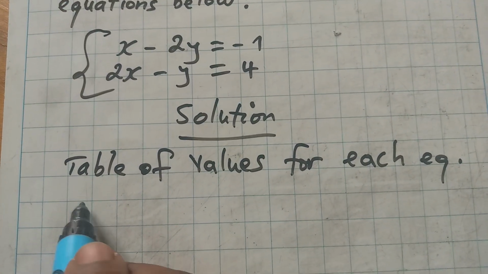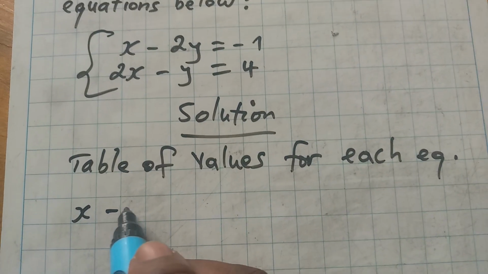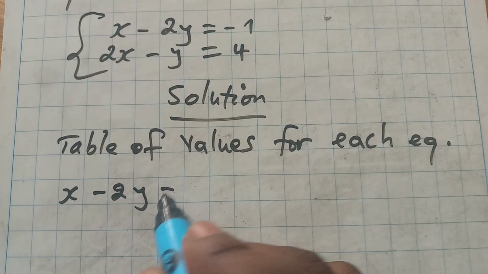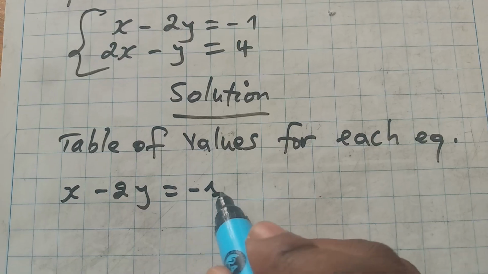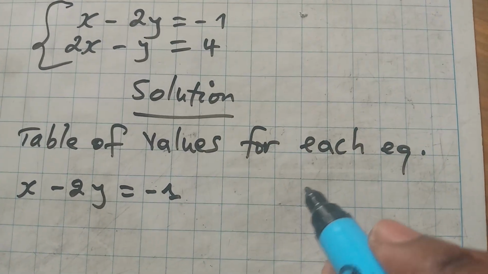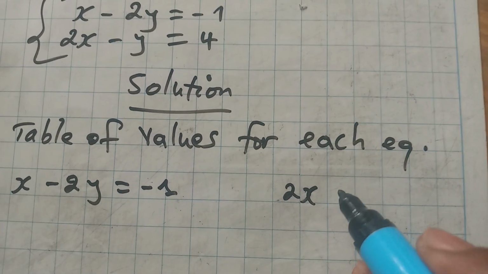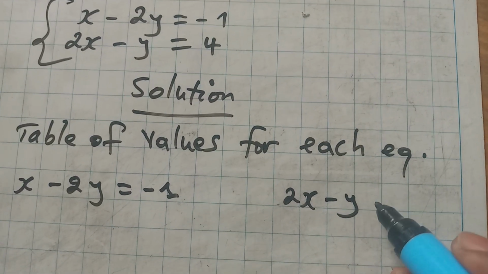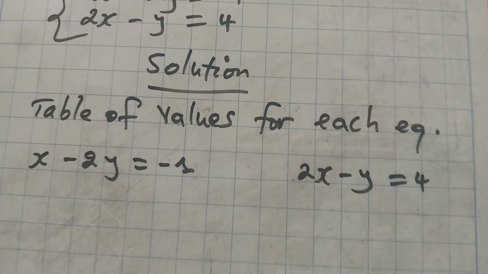We have x minus 2y equal to negative 1. We have also the table of values for 2x minus y equal to 4.